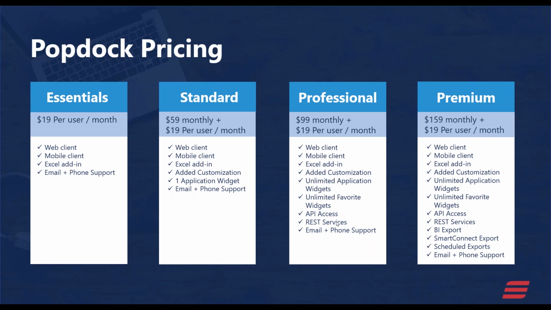It also gives you access to any APIs, maybe Shopify, for example. And then, of course, those unlimited favorite widgets where you're able to view that data from within any system. It starts out at $99 a month, and then any user on top of that is $19 per month.